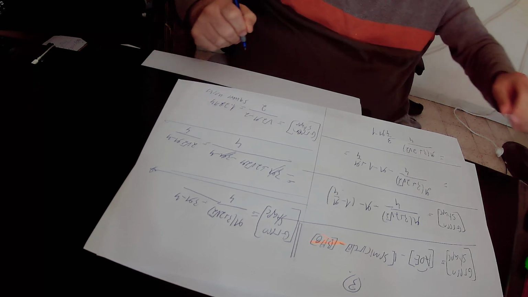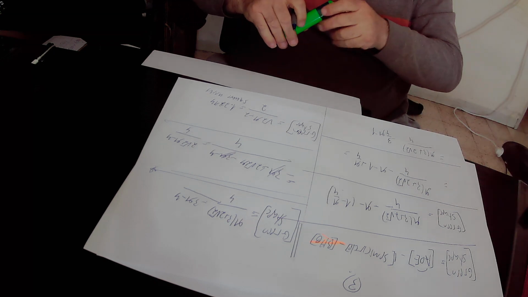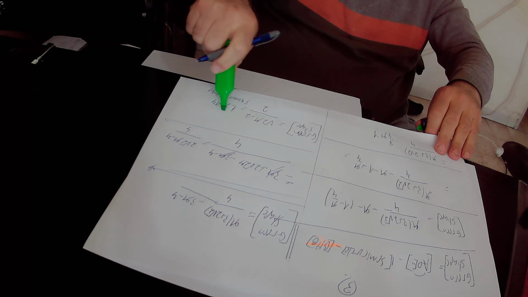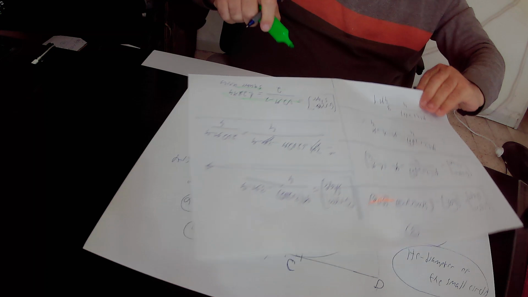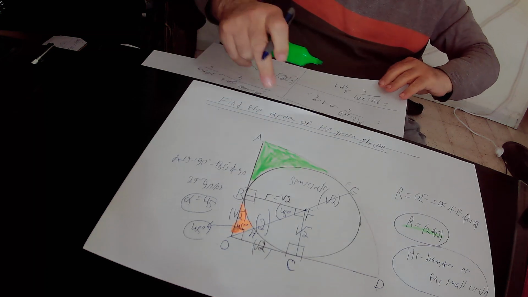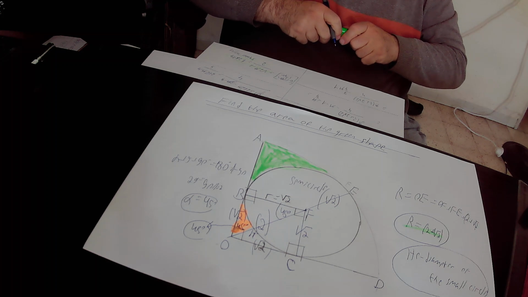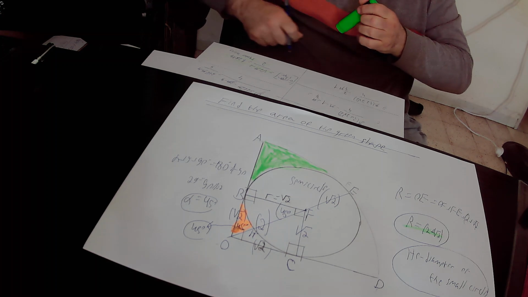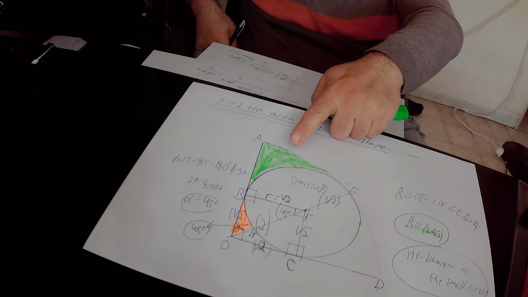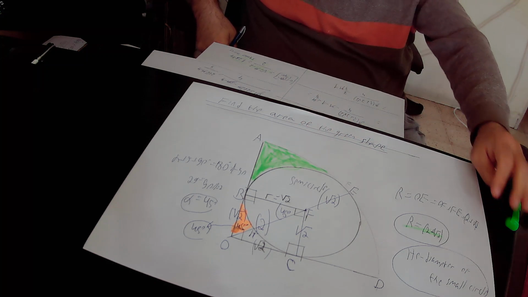This is the answer to the question. I repeat again: the area of this green shape equals square root of 2 times pi minus 2 over 2 square units. So in terms of numbers, the area of this green shape equals 1.2214 square units. So in the next step, I will summarize the lecture.